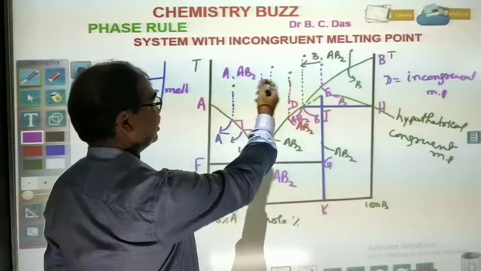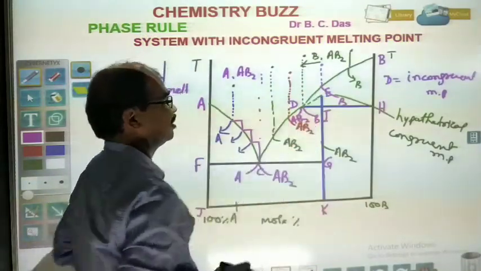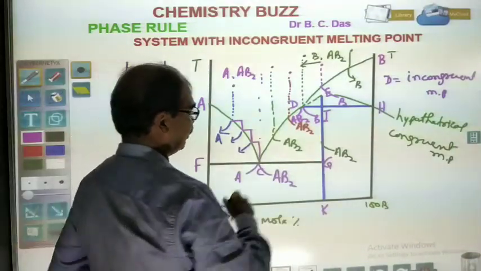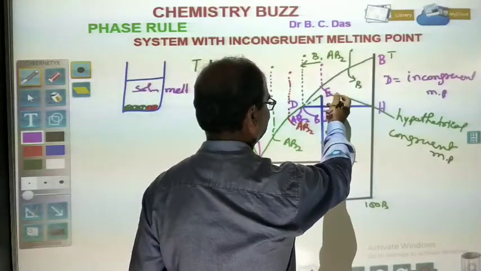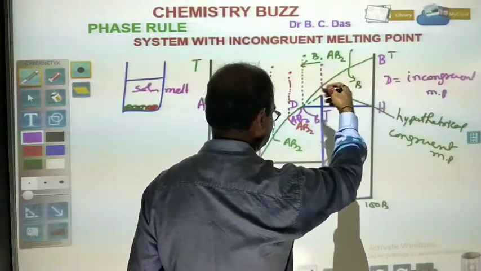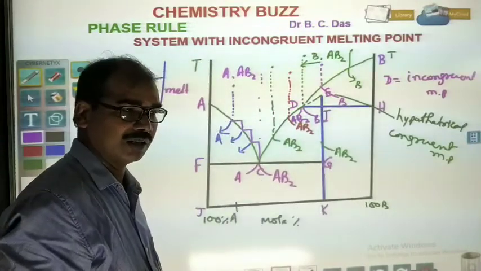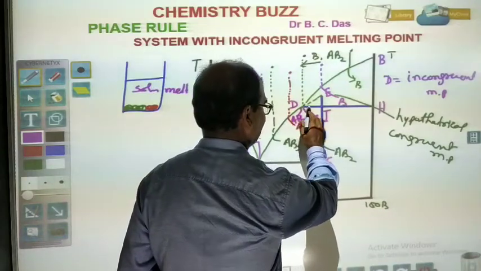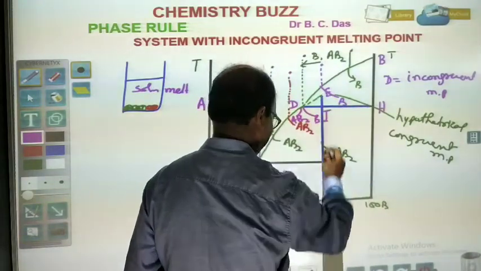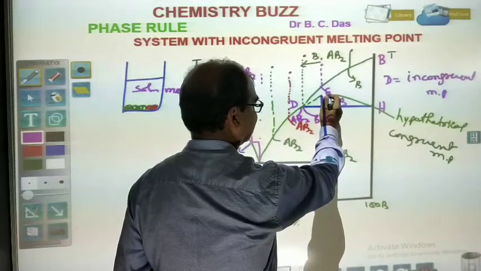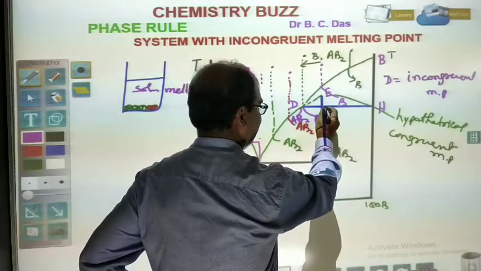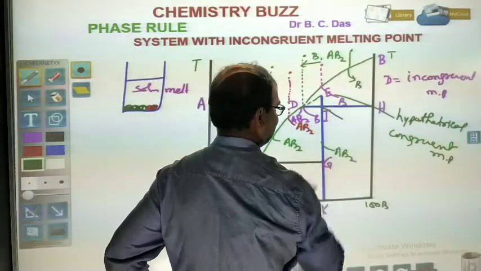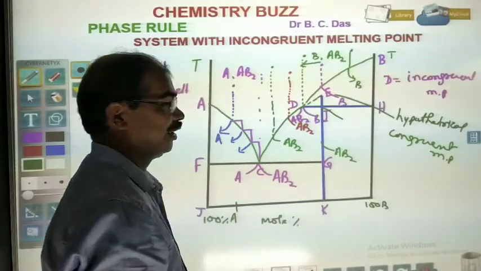However, in this system, which forms the compound with the incongruent melting point, you are unable to get the point where the total solution can solidify as a compound. If from D we draw a straight line and connect this hypothetical congruent point, then this point I is called the eutectic point.